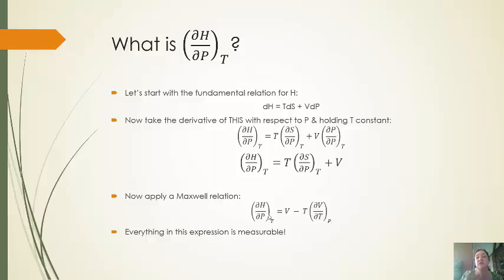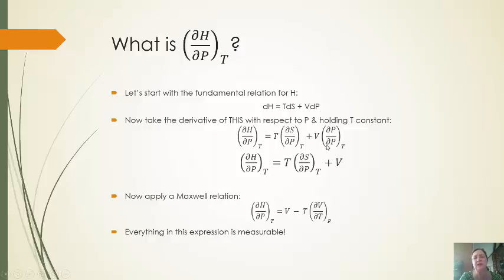I can use this to create a derivative by taking, instead of the differential, the derivative with respect to P, holding T constant. So I do that for each of these: T dS/dP, holding T constant instead of the differential of S, plus V dP/dP, holding T constant instead of dP.